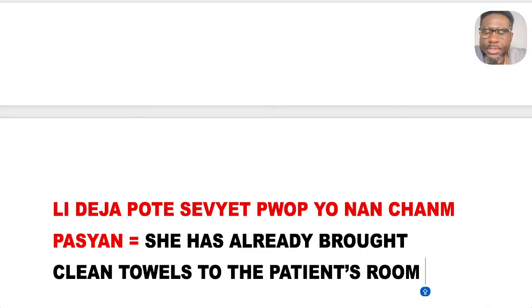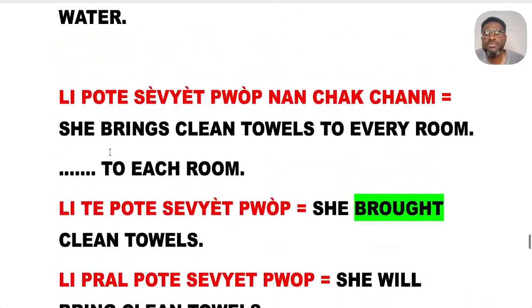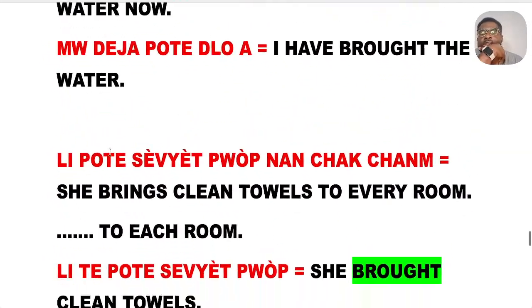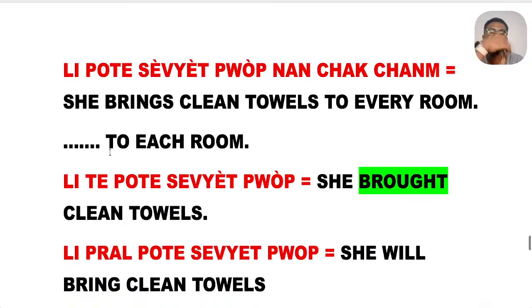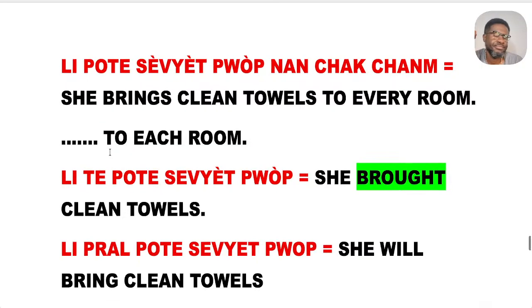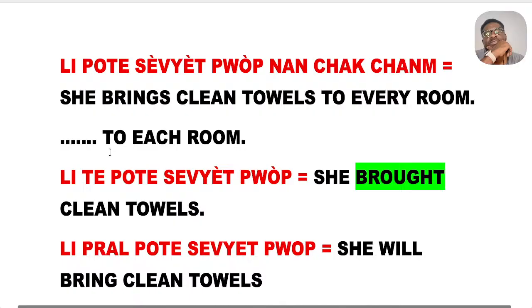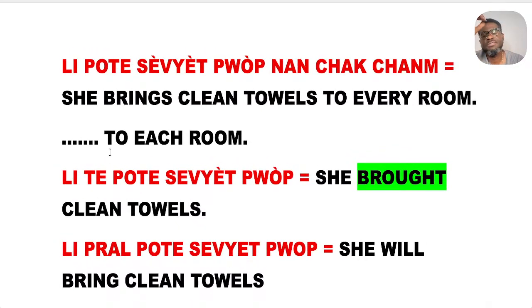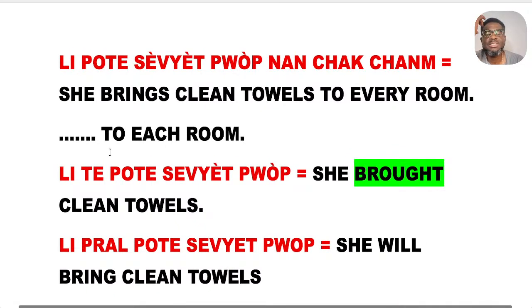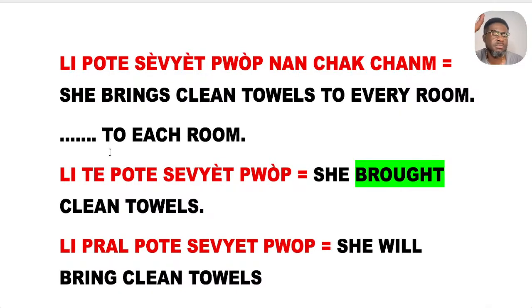Okay? So let's go back. Try to review these sentences. There you go. We have, she brings clean towels to every room, or she brings clean towels to each room. She brought clean towels.